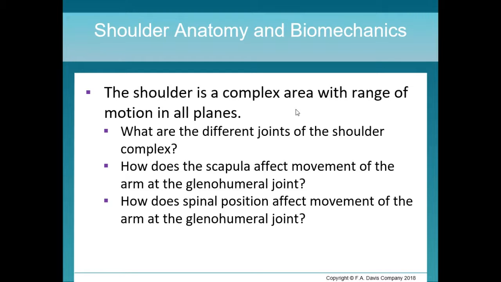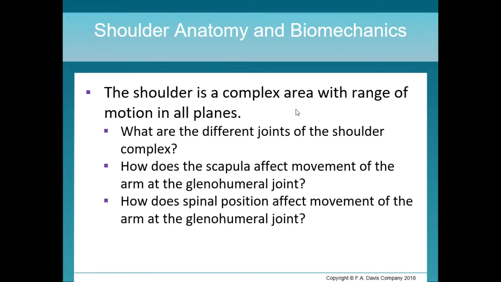This causes alterations in the stability and positioning of the scapula, and it can cause functional disruptions in the glenohumeral movements. The glenohumeral movements are also called scapulohumeral rhythm.